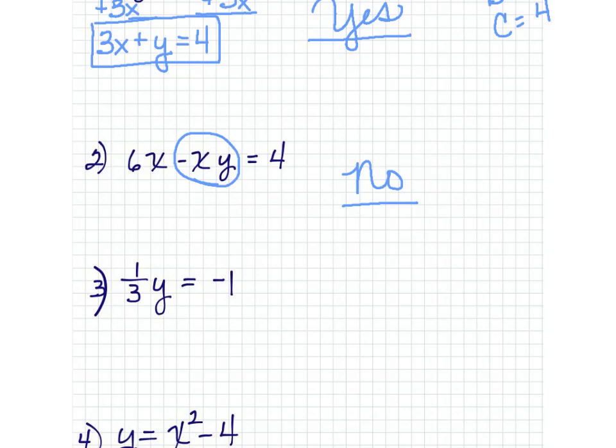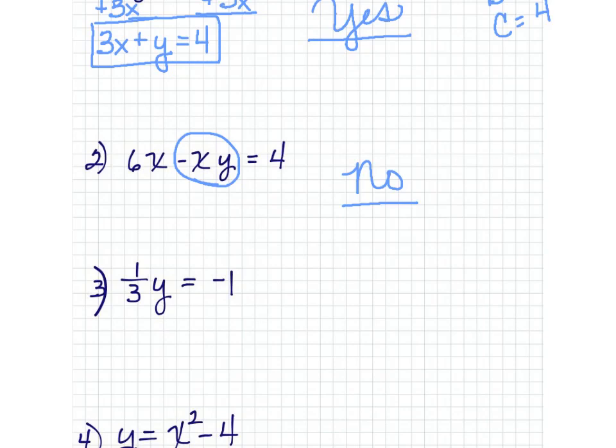That's why 0 times x is 0, and the x term has disappeared. There is no x term, but that's okay because it can be 0. So I have 1/3 y equals -1. The problem with this one is that to be in standard form, a, b, and c must be integers.